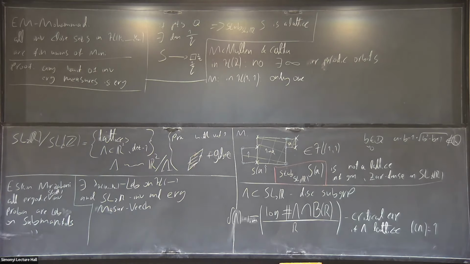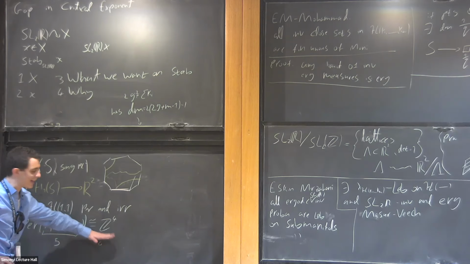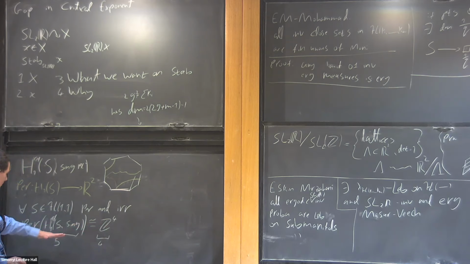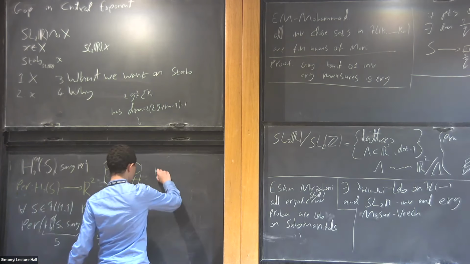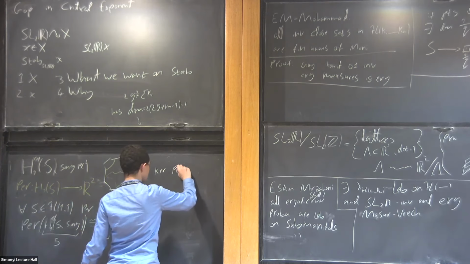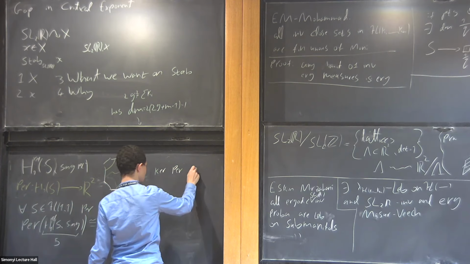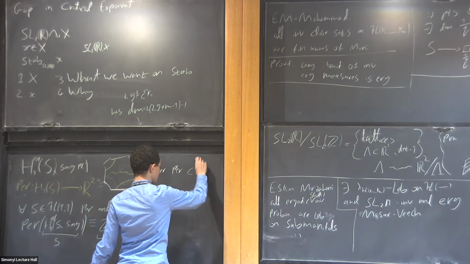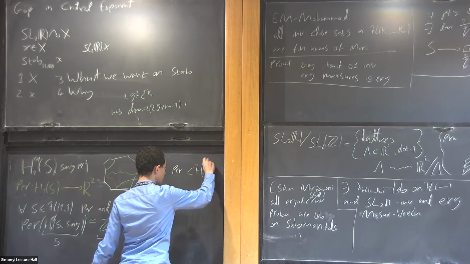Okay, so now we can use this and consider the kernel of the period map, which is a rank 1 subgroup inside the relative homology.